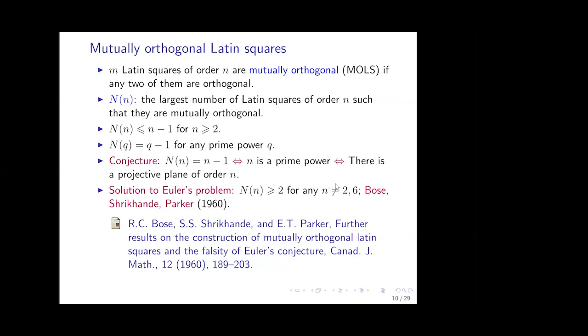Another direction is to analyze the asymptotic behavior of N(n). In the 1960s, Erdős, Chowla, and Straus gave a result. Their result showed that N(n) is greater than or equal to n to the 1 over 91.